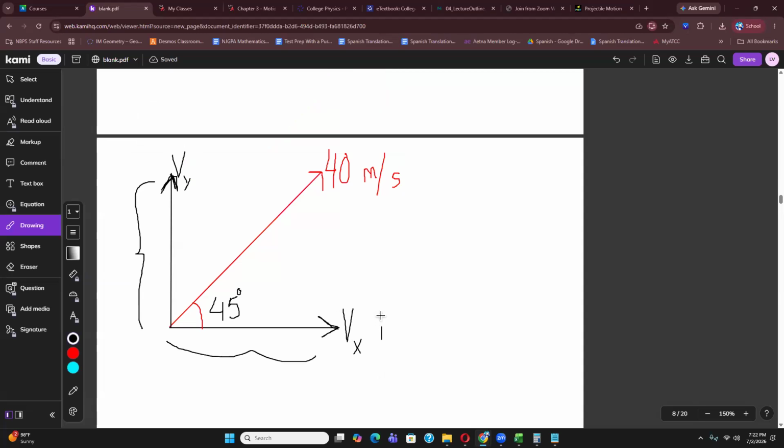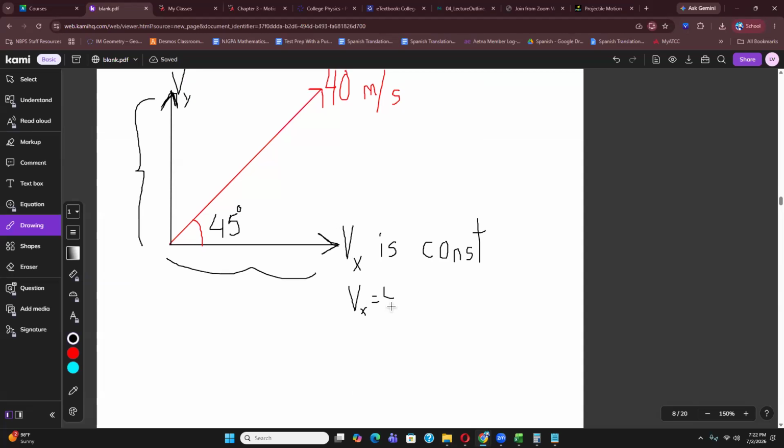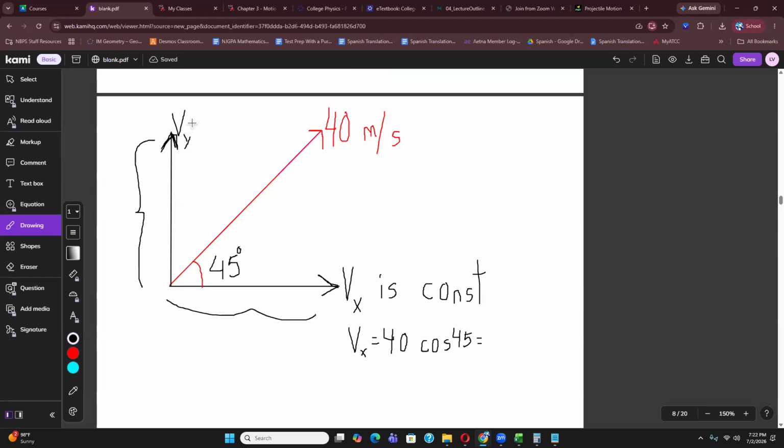Vx is constant because there is no acceleration in the horizontal. So Vx is what? 40 times cosine of 45. Vy is 40 times sine of 45. How about that? Right? We're using our vector components.